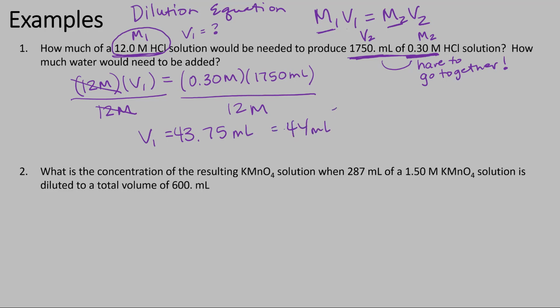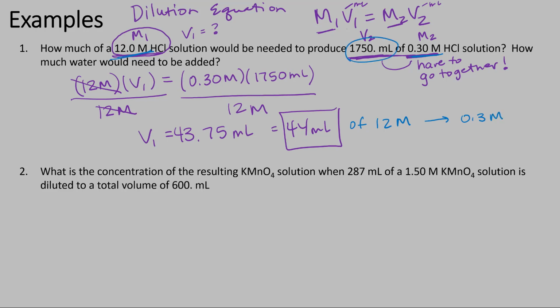Okay, as far as liters and milliliters go, you can use whichever unit you want as long as it's the same on both sides. So if you put milliliters in this side, you have to have milliliters on this side. If you put liters into one side, you have to put liters in the other side. So what this basically says in this problem is that we're going to take 44 milliliters of this 12 molar solution and we're going to add water to it until we get to 0.3 molar.